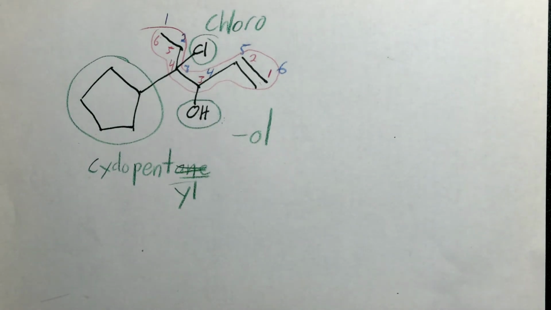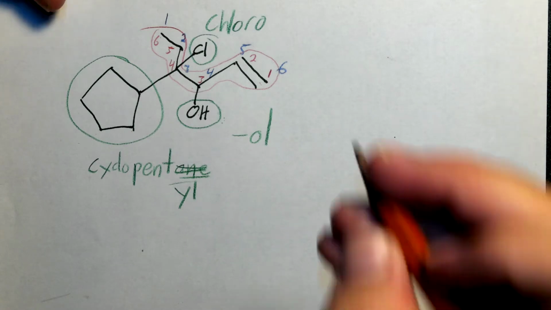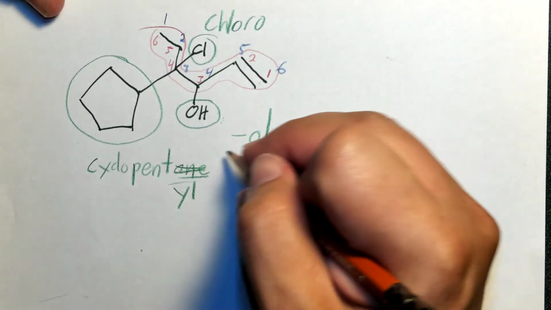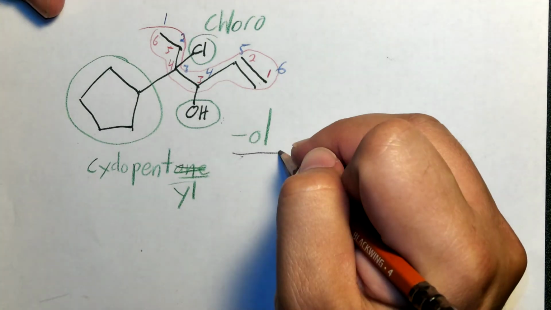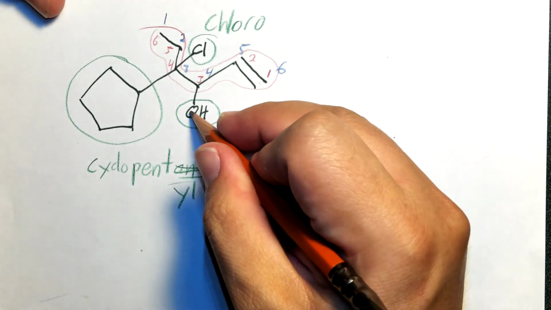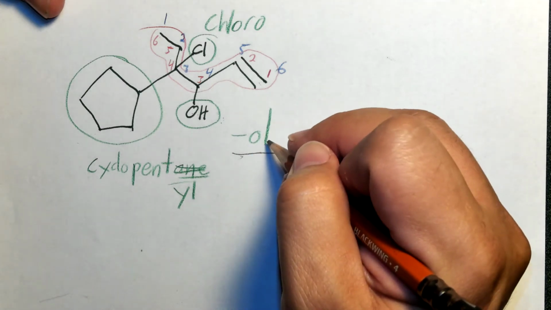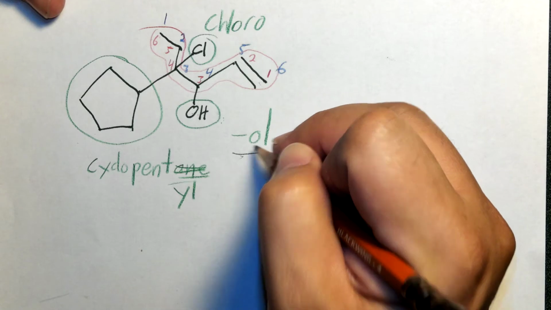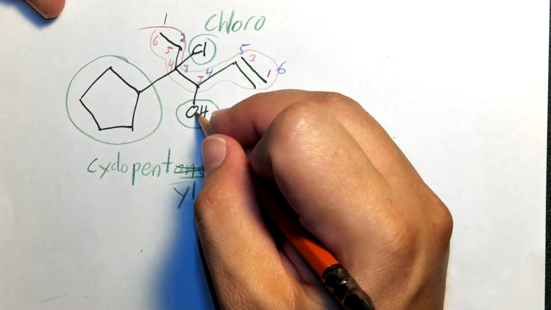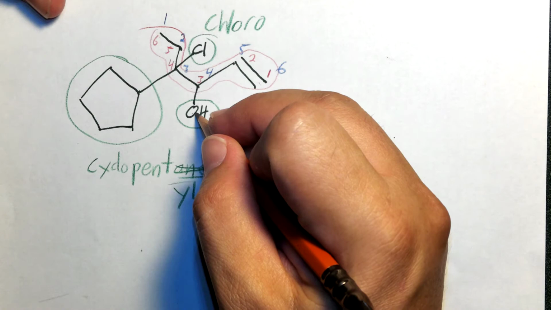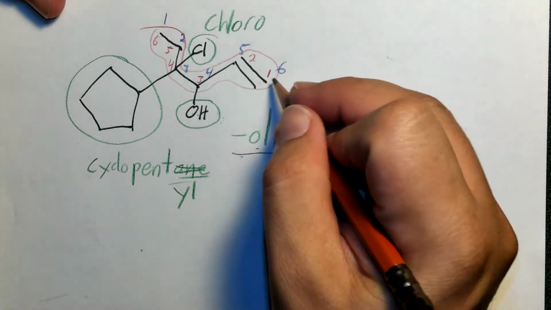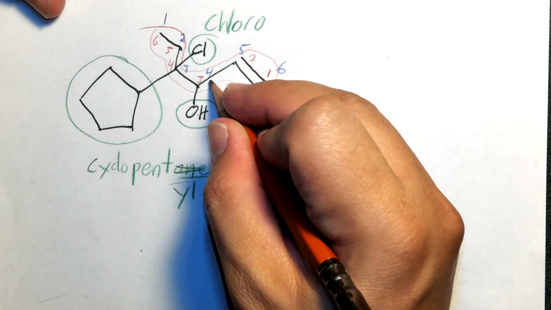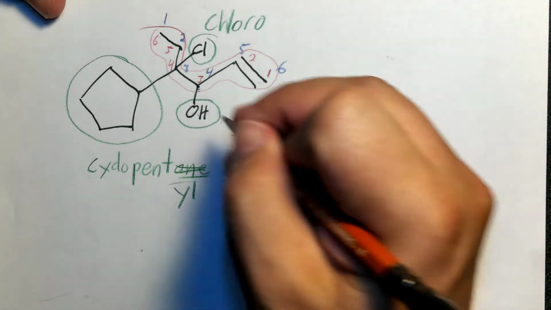Like I said, when it comes to numbering the locants, you have to first start with the primary functional group. If it's a functional group that's the one that's changing the suffix, such as the alcohol here, which is changing the ending of the name to an OL. So we have to focus on the functional group OH. In one of the locant directions, it's numbered 3. In the other direction, it's numbered 4. That's the minimum, the 3.